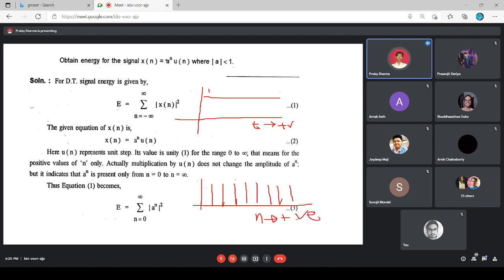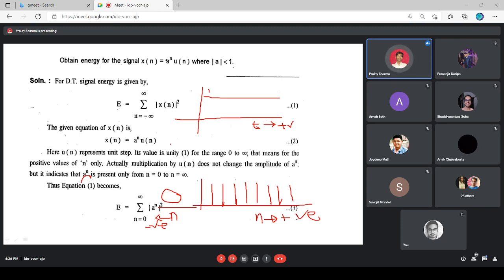Now if any value is multiplied with a positive one, then the ultimate value will be positive. So u[n] is purposefully multiplied with any signal to make the signal causal. For the negative values of n, the amplitude of u[n] is 0.